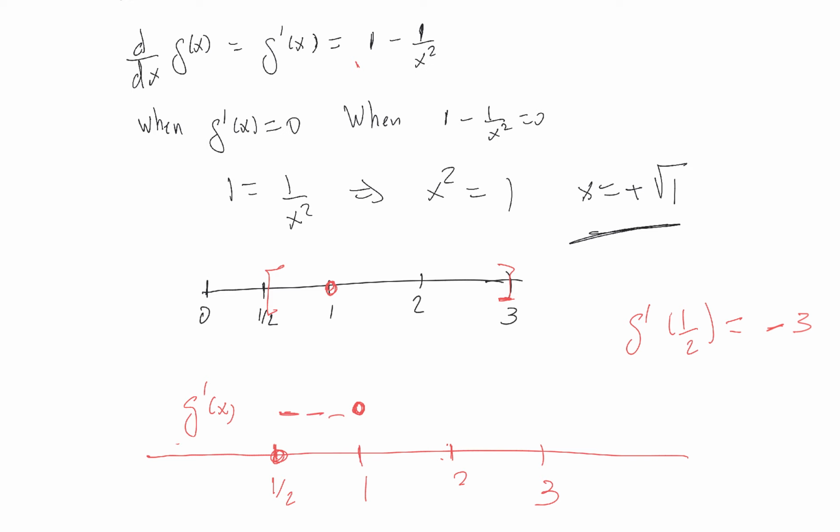If I see a 2, what will g prime of 2 be? 1 minus 1/4, since 2 squared is 4. 1 minus 1/4 is 3/4 and is positive. So here on this interval the slope is positive.